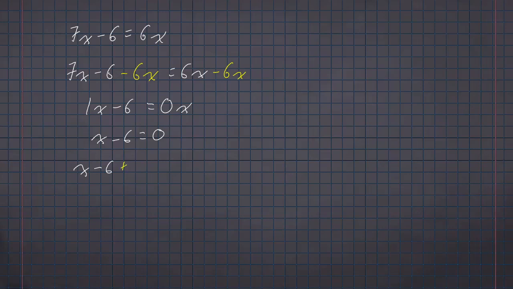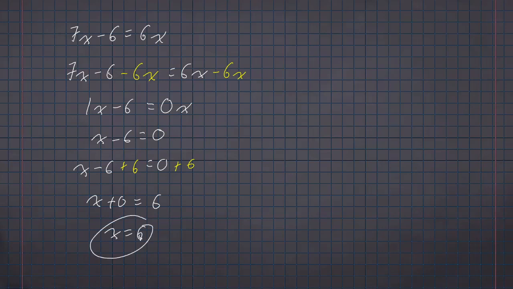From here, I'm going to continue to use the addition rule. X minus 6 plus 6. Minus 6 plus 6 is equal to 0. And 0 plus 6 is 6, and x plus 0 is x.